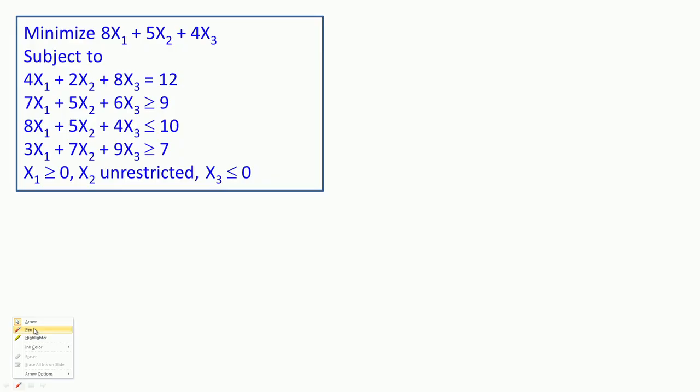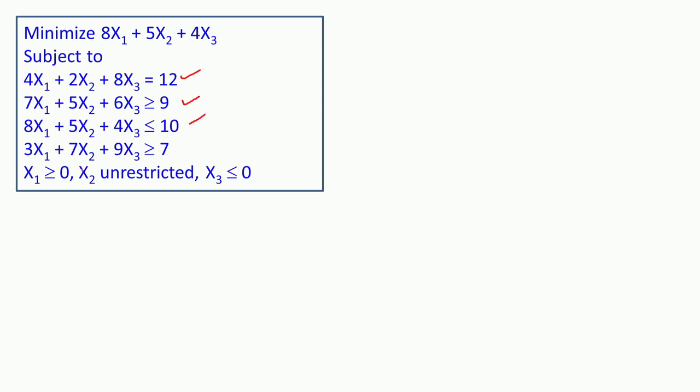So to explain that, we looked at this problem, which is a minimization problem with 3 different types of constraints that we have here: an equation, a less than or equal to, and a greater than or equal to.